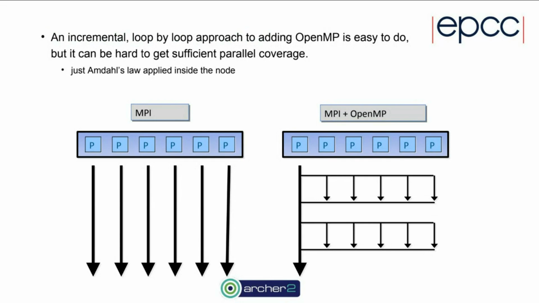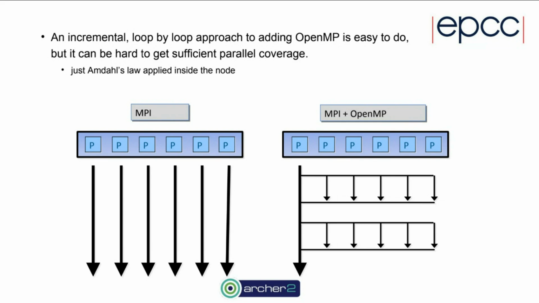What other things do we have to worry about? Well, if we take a fairly simple, easy approach to adding OpenMP, if we don't want to do much refactoring of the code, then it might be hard to get sufficient parallel coverage. That's just an Amdahl's law argument inside the node.